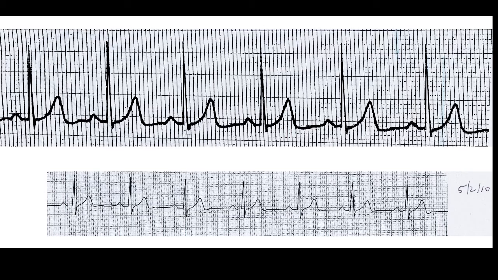You can measure the QRS complex interval from the beginning of the R wave to the end of the S wave, where it goes from a vertical to horizontal deflection, and that's about 2 small boxes, and you can convert with the math. And then the QT interval, going from the beginning of the R wave, because there's no Q wave, to the end of the T wave, you have about 9 small boxes.